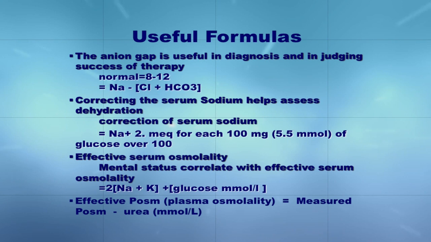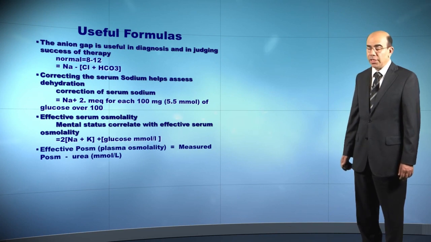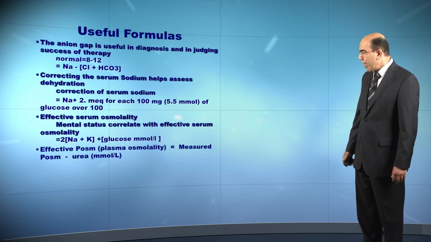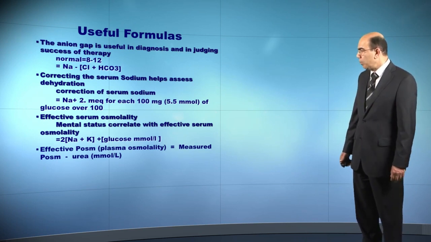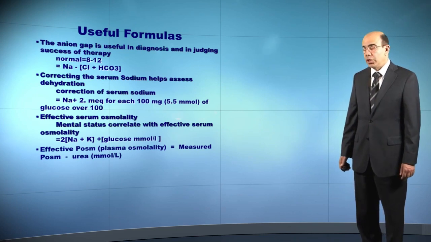These are measured by multiplying sodium and potassium and adding glucose in millimole per liter. Since urea usually diffuses across the membrane, we do not count it in the effective serum osmolality. The effective plasma osmolality is usually measured as measured plasma osmolality minus urea.